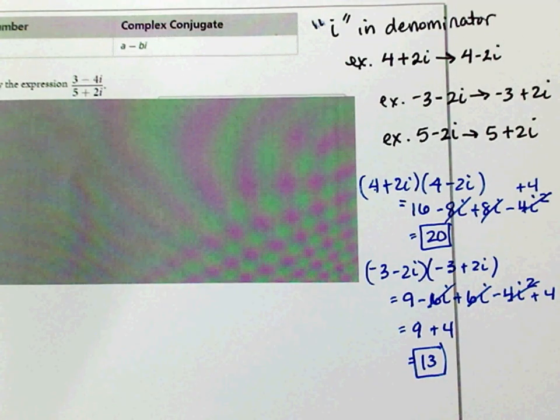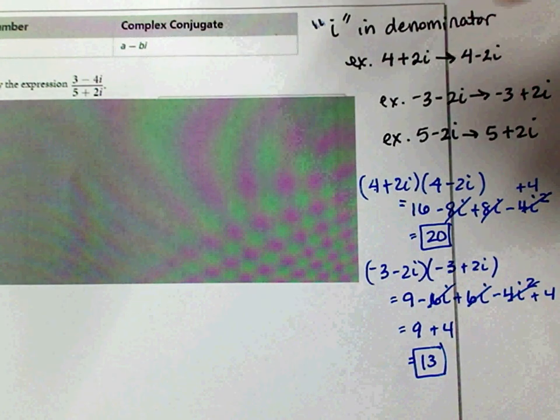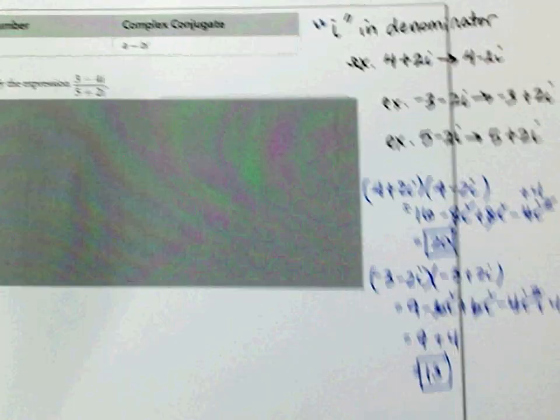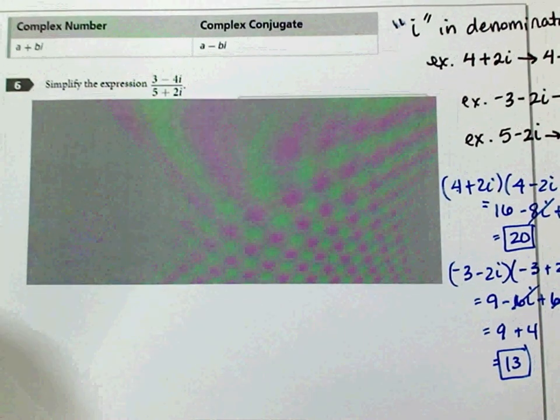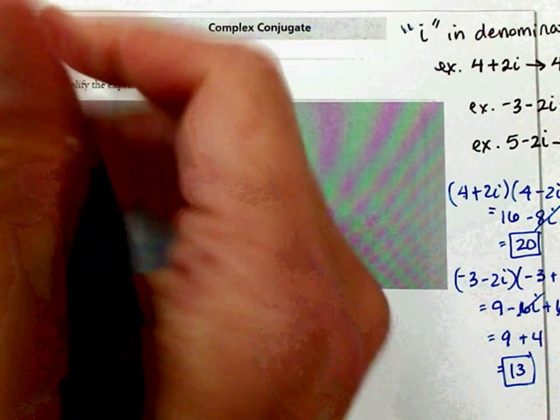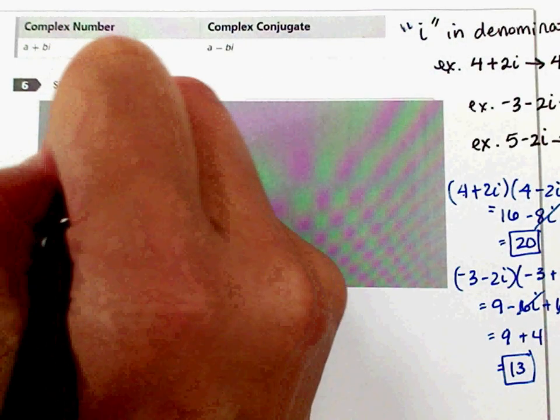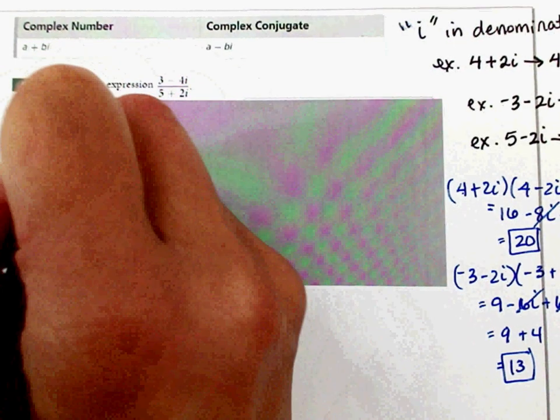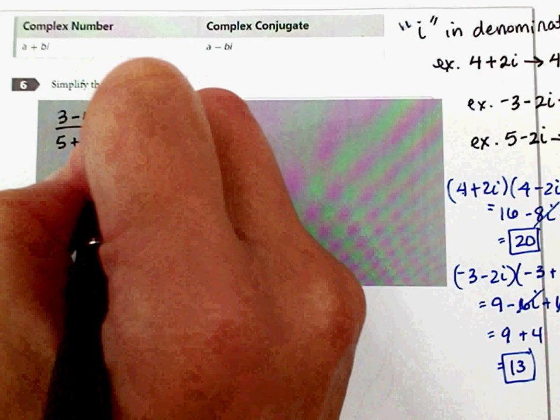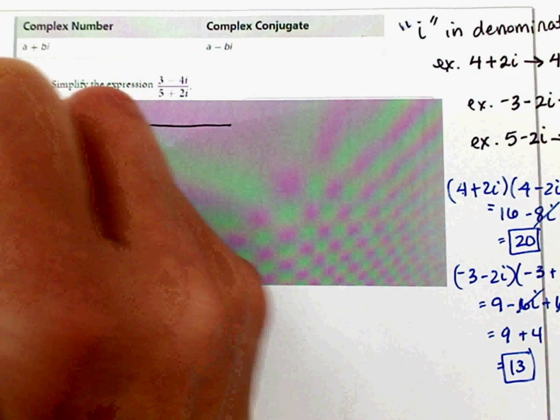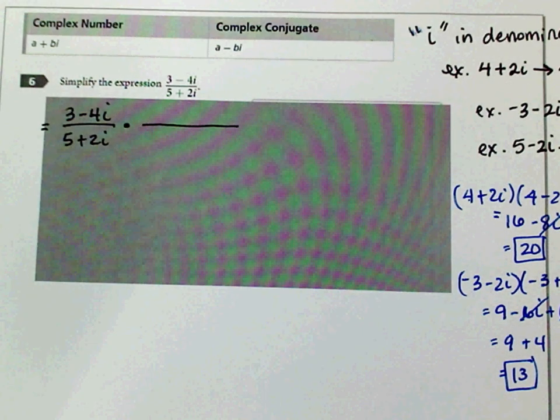Okay? So let's take a look. Here we go. So I have an example. And the only time you want to use the conjugate is in your division. All right, let's look at number 6. You have 3 minus 4i divided by 5 plus 2i. So I want to get rid of the i in your denominator. So what are you going to do?